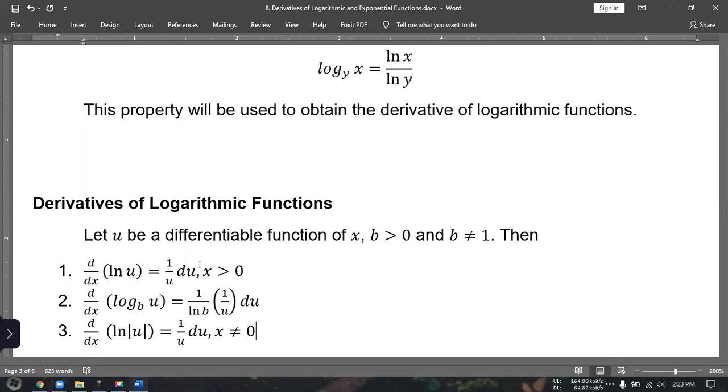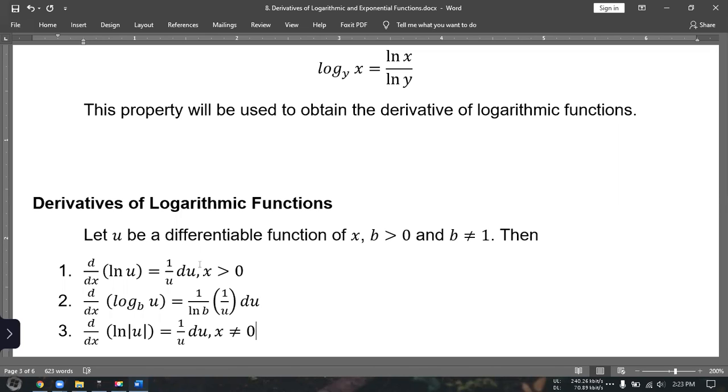So, dun lang tayo magkakatalo. And all the differentiation rules that we applied that involve polynomials will also be used in differentiating logarithmic functions.